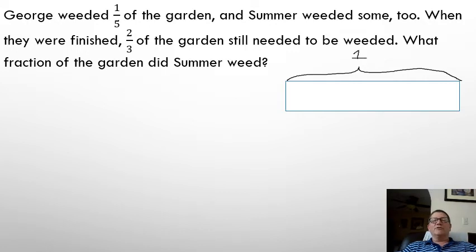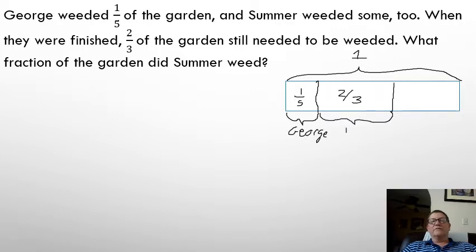Now it said that George here weeded 1/5 of the garden. And this was George. Then it said that Summer weeded some too, but it didn't say what. It said when they were finished, 2/3 of the garden was left to be weeded. And it wants to know how much did Summer weed?